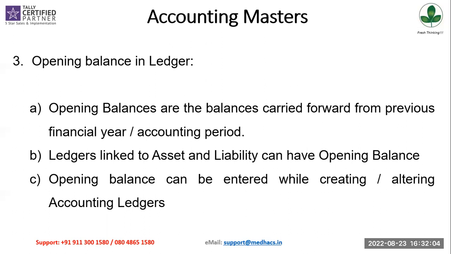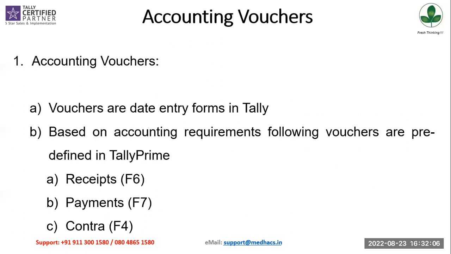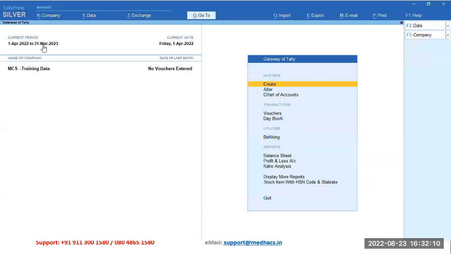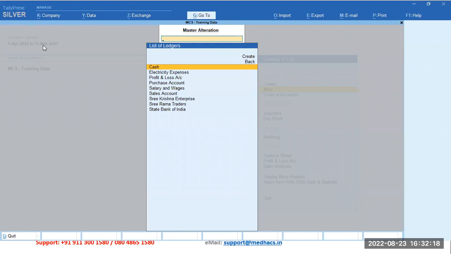Okay. So let us go and look at how do you update opening balance. Say for example, if you look at my ledgers that I have already created, these are my ledgers, 9 ledgers that are already available. So you can go on creating. Now for example, I have one supplier and I need to pay him 25,000 rupees.